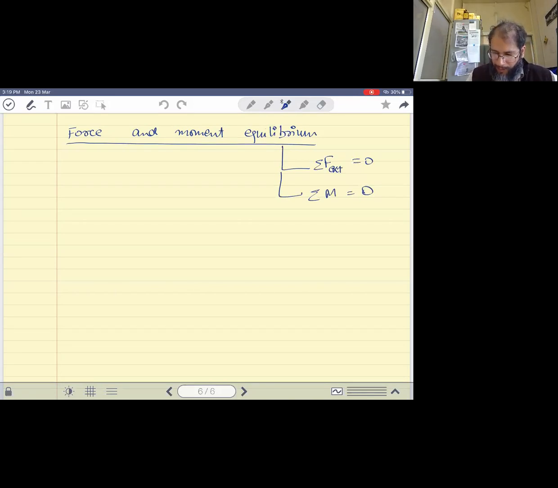In fact, at any point. So you take the moment at any point, and it should be 0, and then we say that the body is under equilibrium. So what we'll do is we will take again our hypothetical body omega, and we'll try to write the force equilibrium equation on that first.